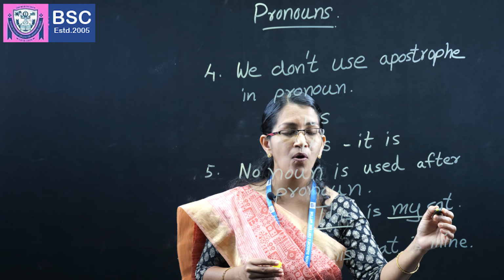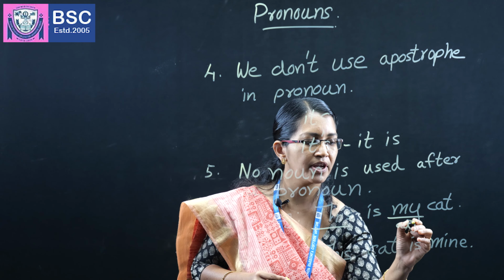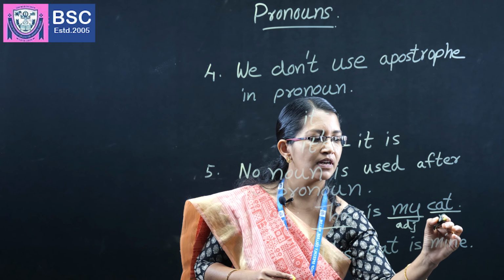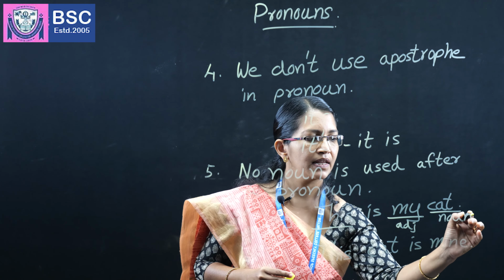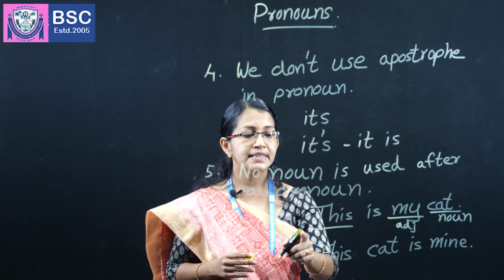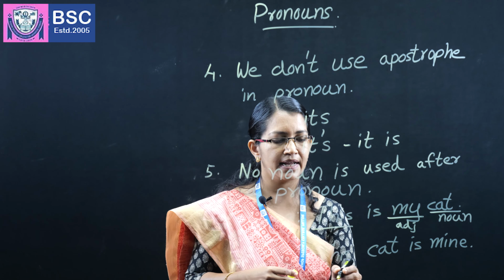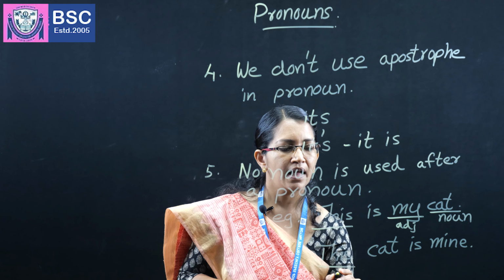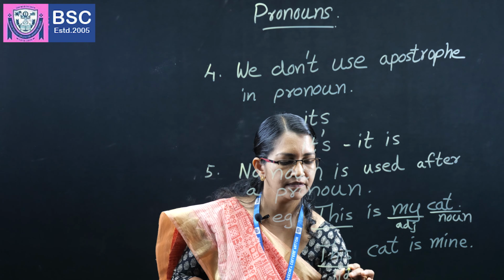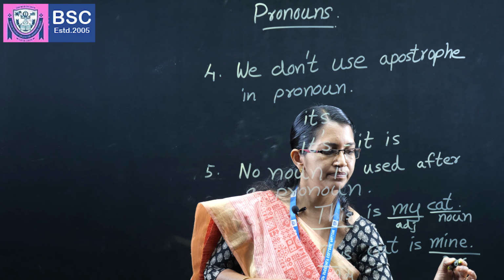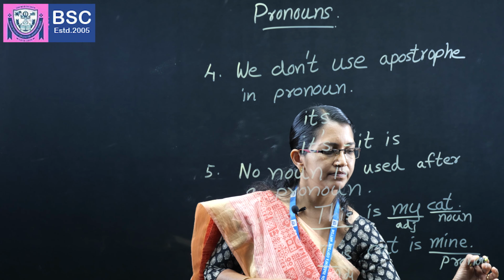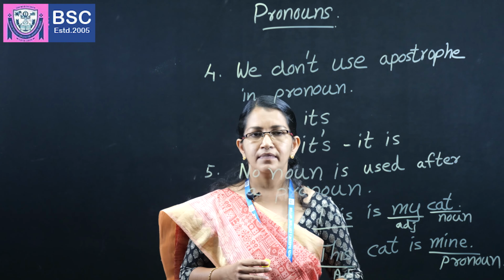So this becomes an adjective, since you have the noun over here. Now in the second sentence, this cat is mine. Here, this cat becomes an adjective and mine here becomes the pronoun. I hope it's clear for you.